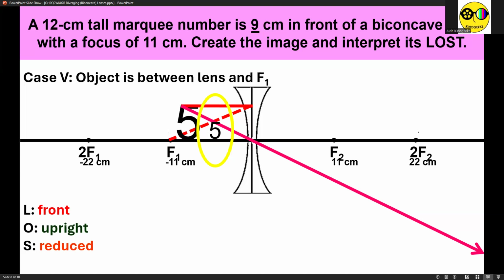So if you have one solid line and one broken line, which is technically a hybrid, the answer will still be virtual. The fact that we relied on imaginary lines or on broken lines, that means that the image was formed virtually.